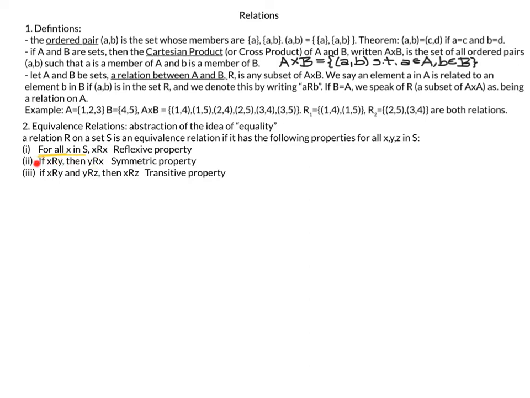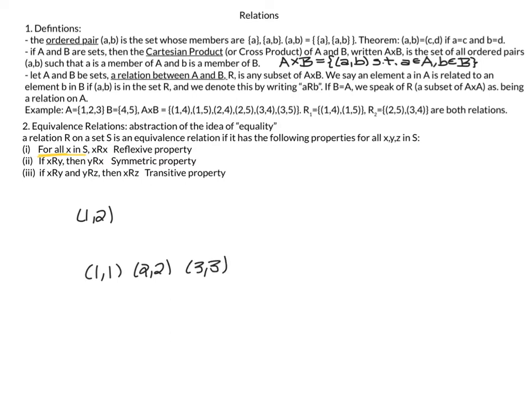If you have nothing that satisfies this pattern, where an x is different from y and x is related to y, if there's nothing that looks like 1, 2, for example, let's say everything looks like 1, 1, 2, 2, 3, 3.